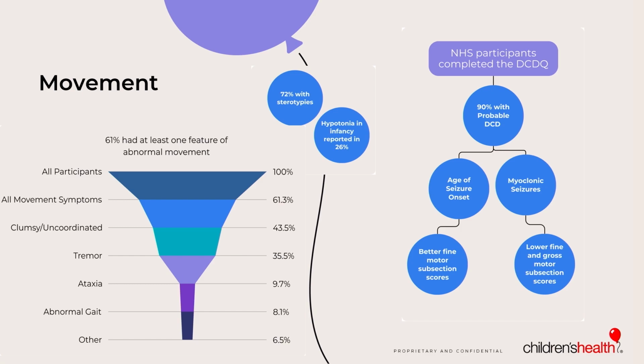They may not be able to keep up as well during physical activity or may have tremors and abnormal gait. It is hard, though, to capture movement abnormalities that can be difficult to explain or notice. In addition, stereotypies were very common, reported in 72%, even without an autism diagnosis.